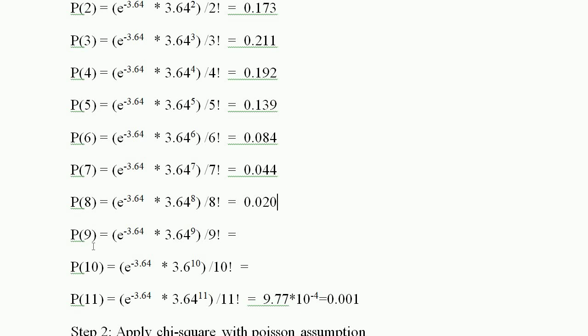Again here, P of 9 is equal to e to the power minus alpha value 3.64 into alpha to the power x divided by x factorial. So you are going to get a value of 8.11 into 10 to the power minus 3.